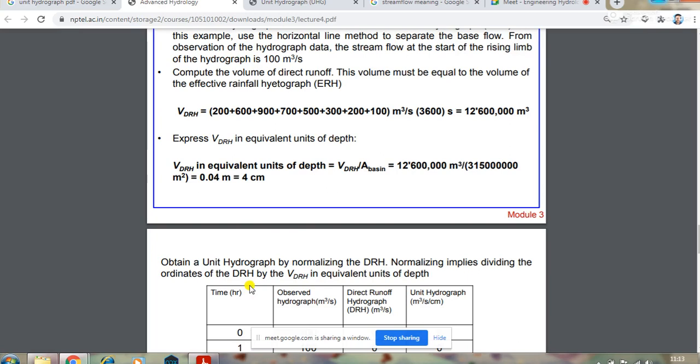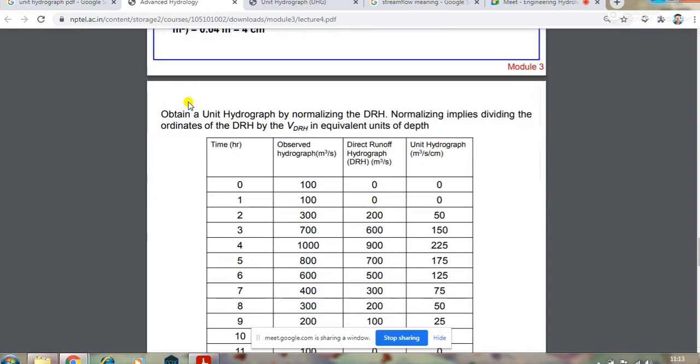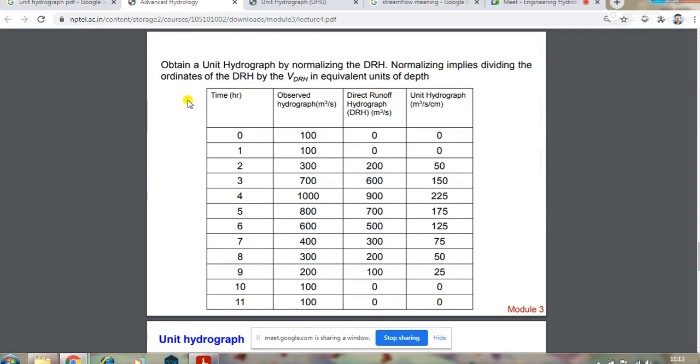Now, how to obtain the graph itself? We will try to understand through this particular table. In this table they have written the values once again, that is time and the observed hydrograph: 100, 100, 300, 700, 1000, 800, 600, in this way.